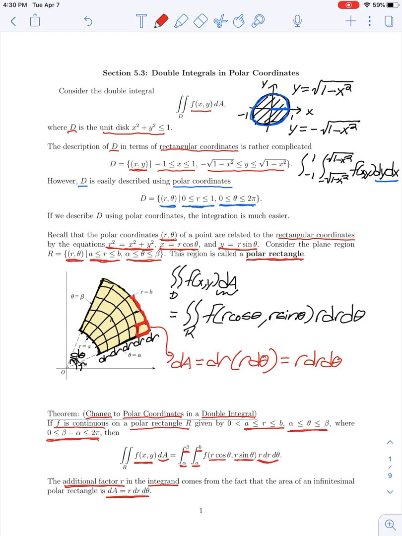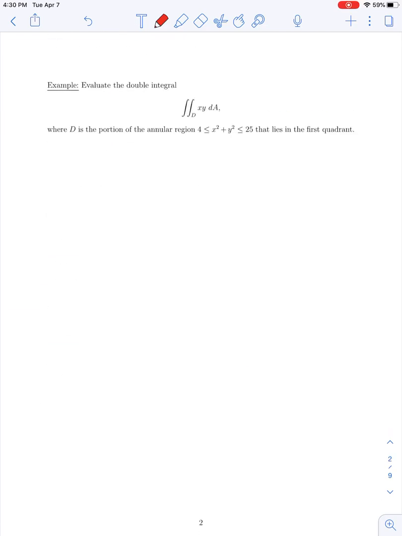In this first one, we are asked to evaluate the double integral of xy over the region D, where we're told that D is the part of the annular region described by x squared plus y squared lies between 4 and 25, that lies in the first quadrant.